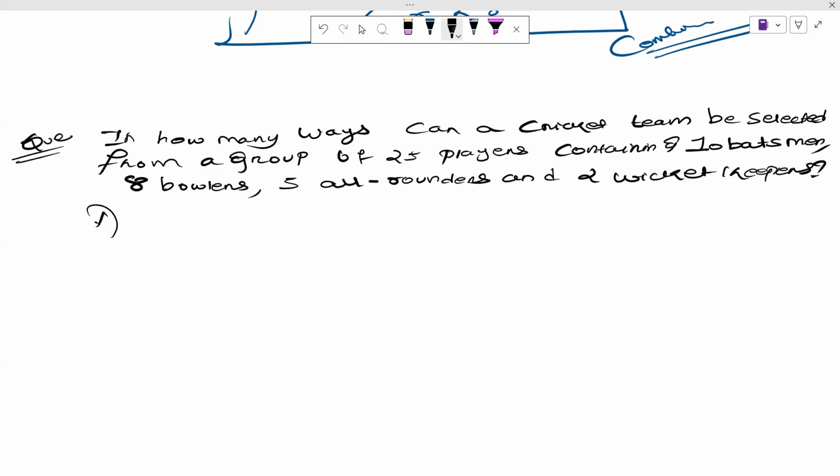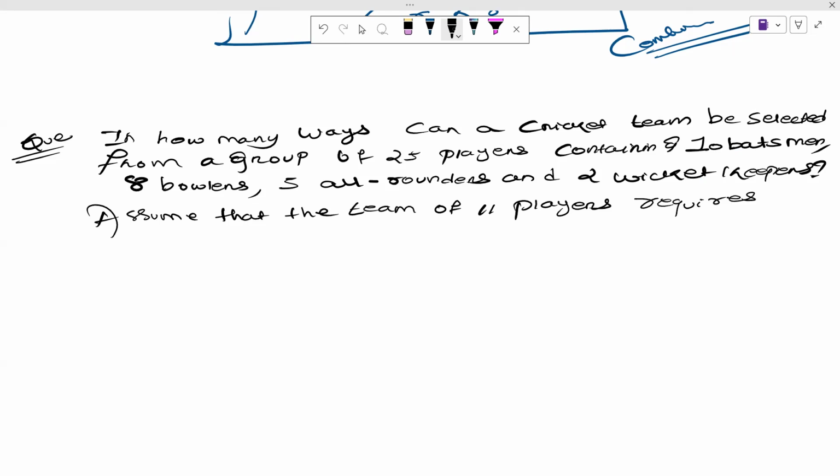Now here we assume that the team of 11 players requires 5 batsmen.